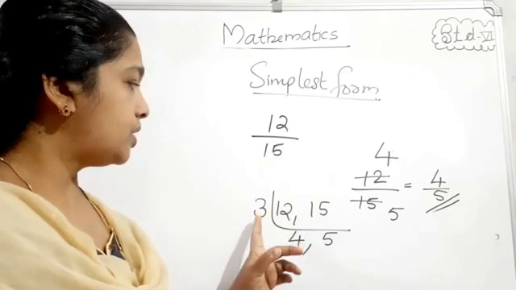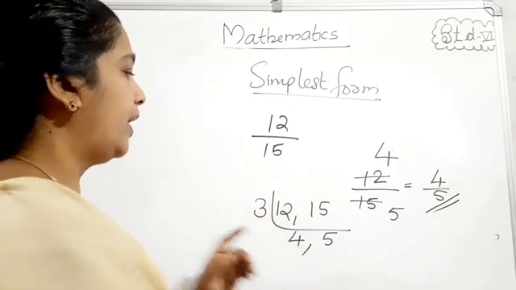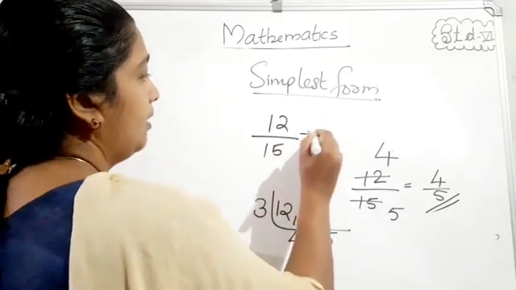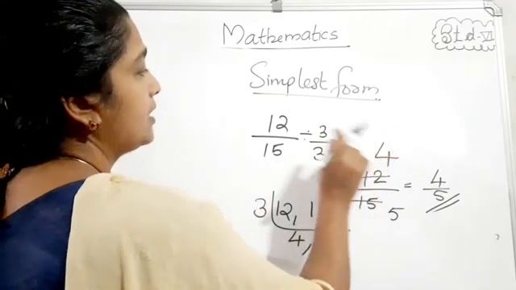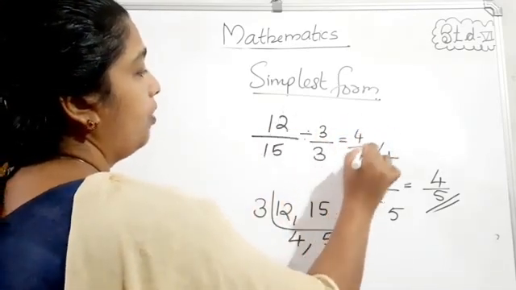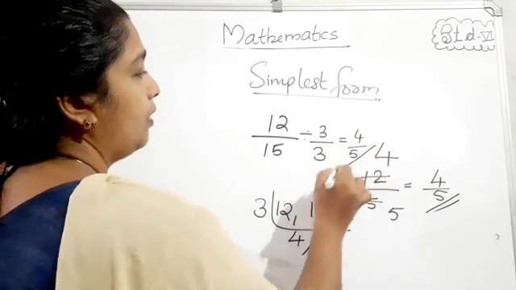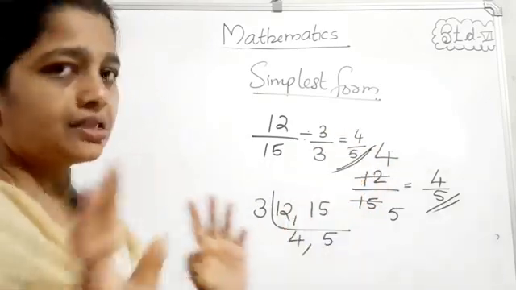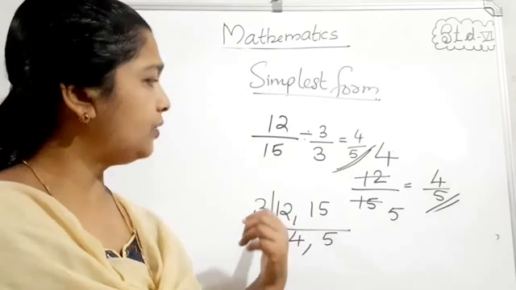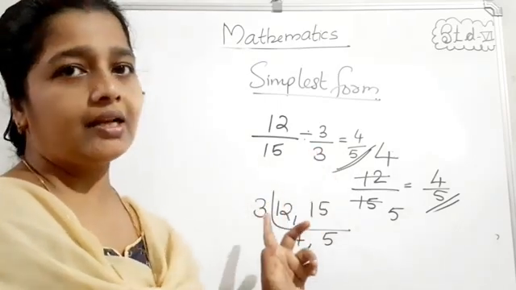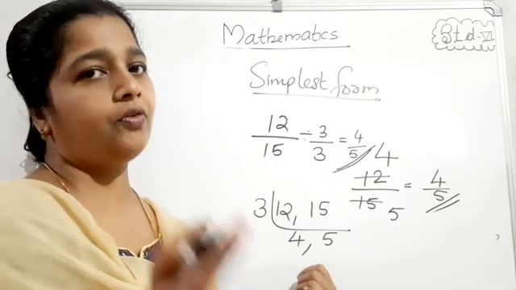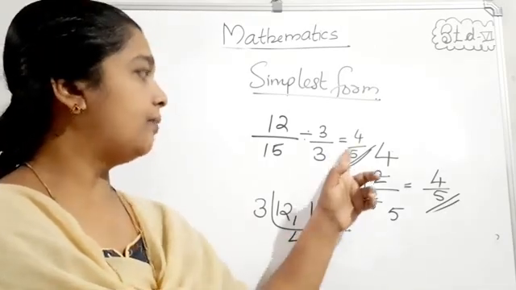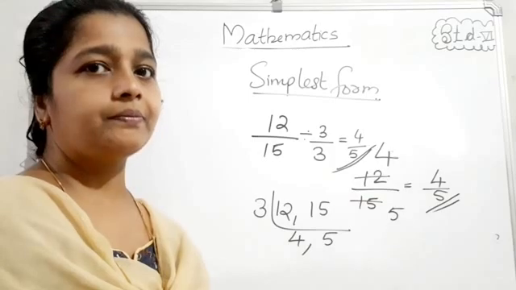Both answers are the same. Understand? You don't need to divide further. This is the final answer. If no common factors are there, you can stop and write the simplest form here.